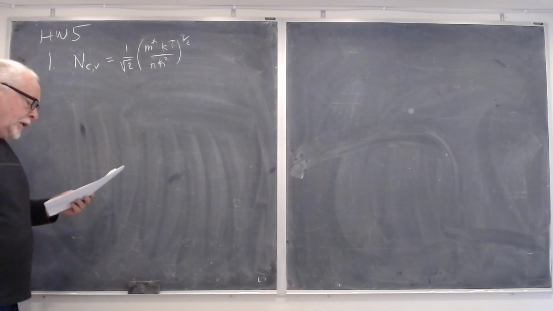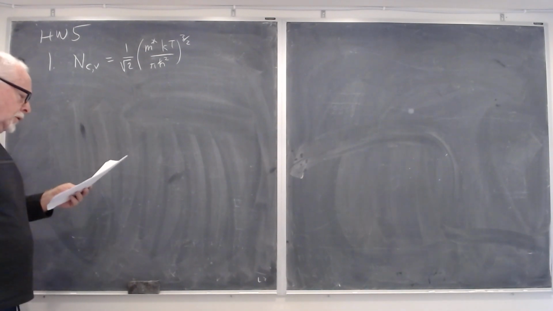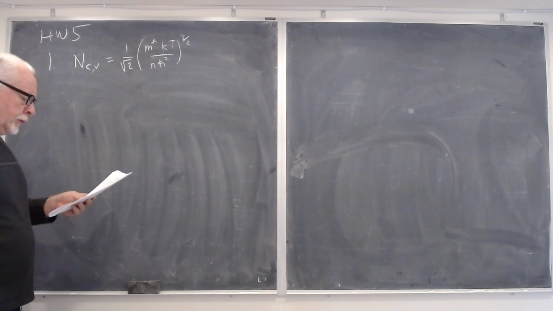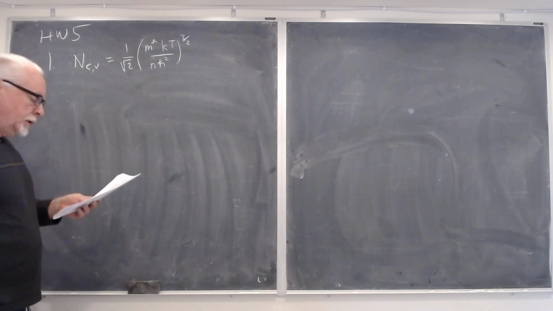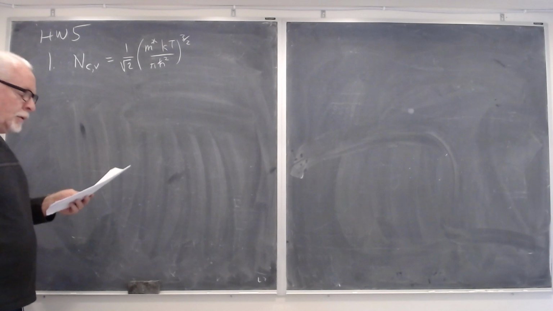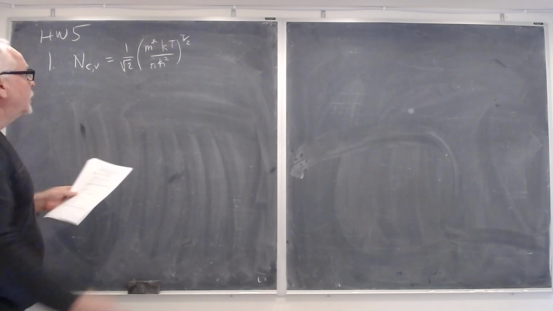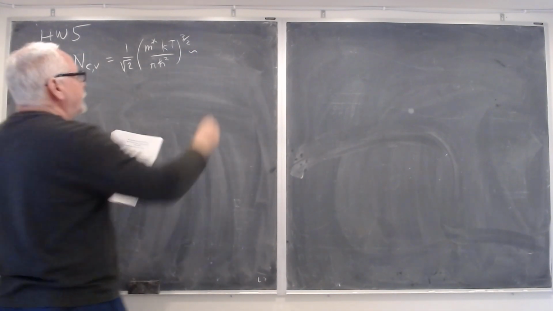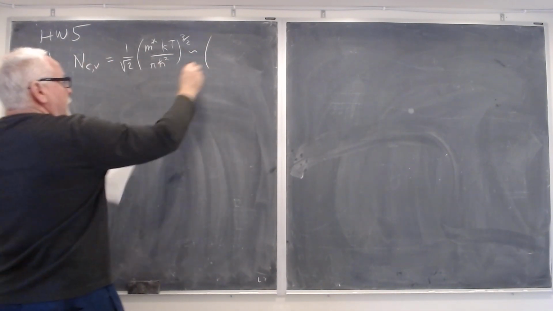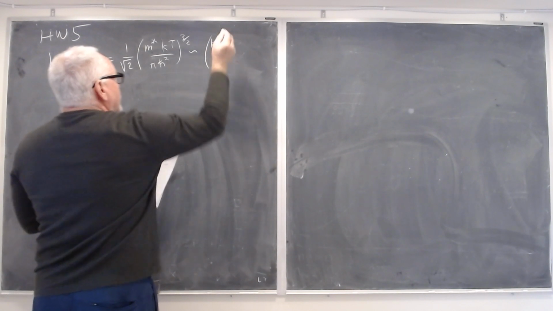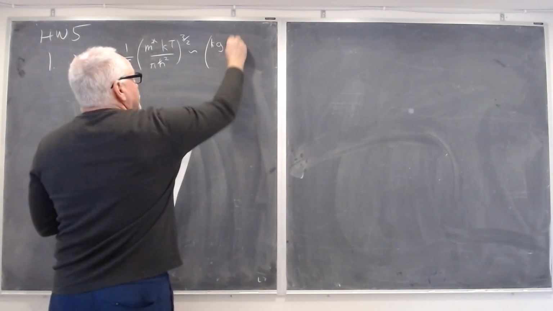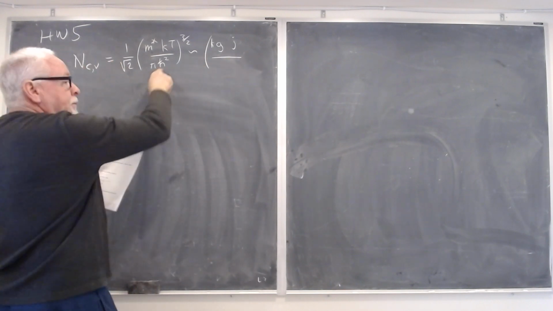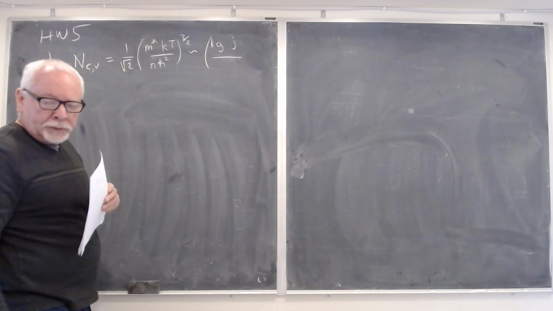And by now, I'm sort of hoping you're very fluent with the idea that kT is energy and h bar is energy times time. And so this goes as kilograms, and this joules, and h bar is energy times time.